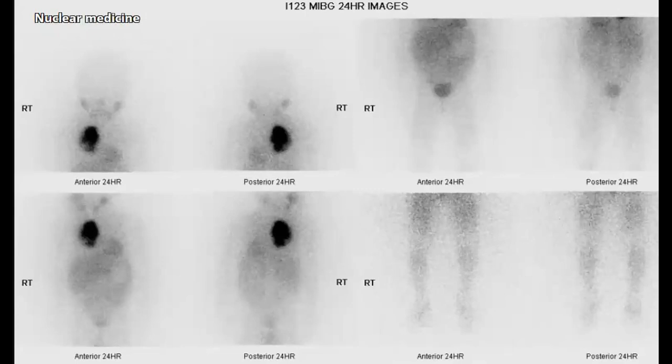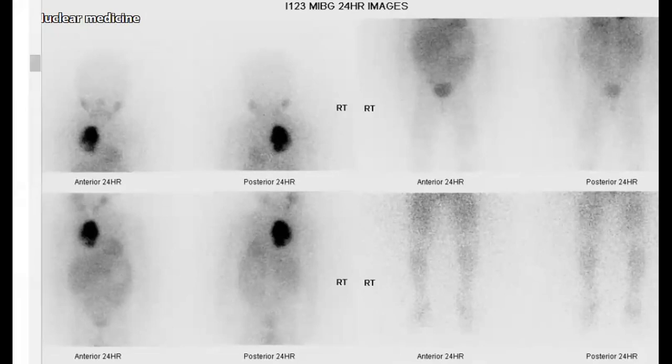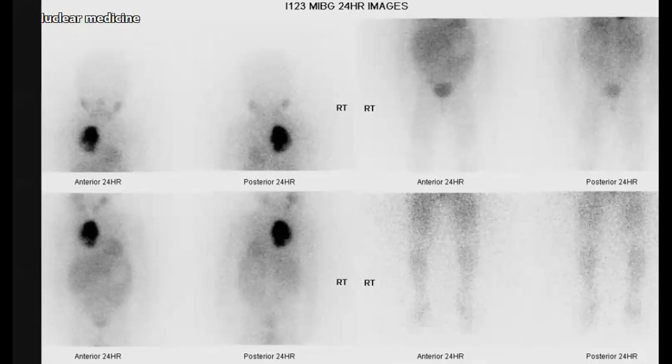In this scan, you not just confirm the primary, you confirm the primary, and if there is also, what? Metastasis. Perfect. So in such a case, you are worried about metastasis. So there is no metastasis in this case. So you have to mention that this is neuroblastoma. Okay.